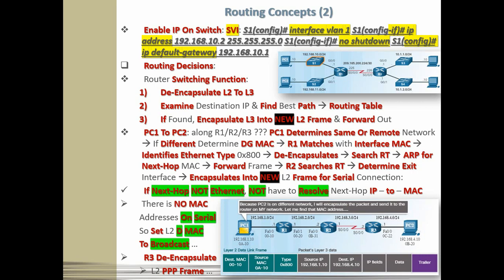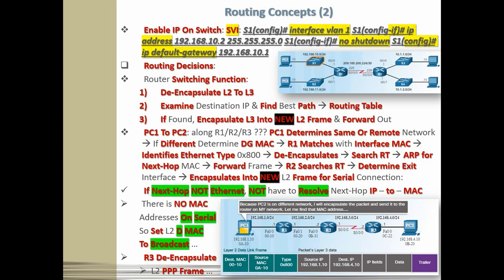Then you use the IP address, in this case 192.168.10.2/24, and this switch is assigned to VLAN 1 for the SVI, for remote management of this networking device. Don't forget you also need to issue the no shutdown command, just in case it is shut down by default, depending on the IOS.